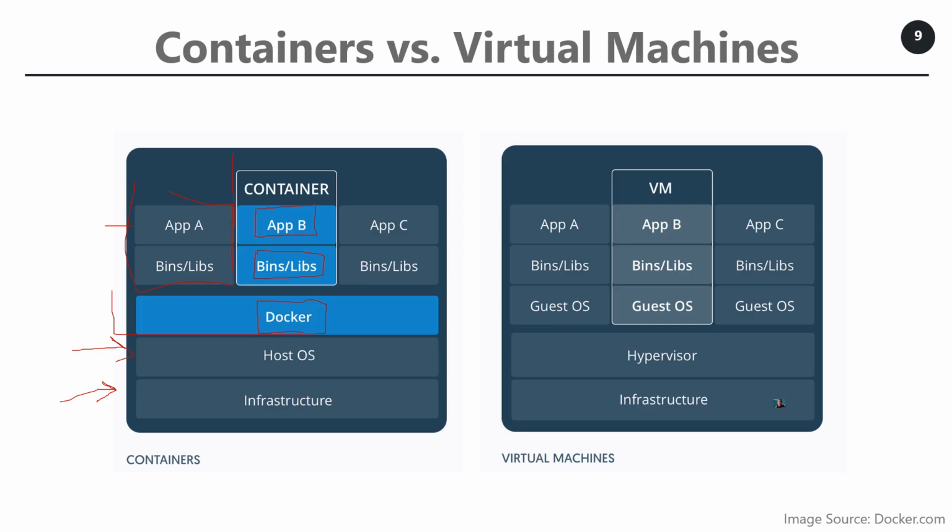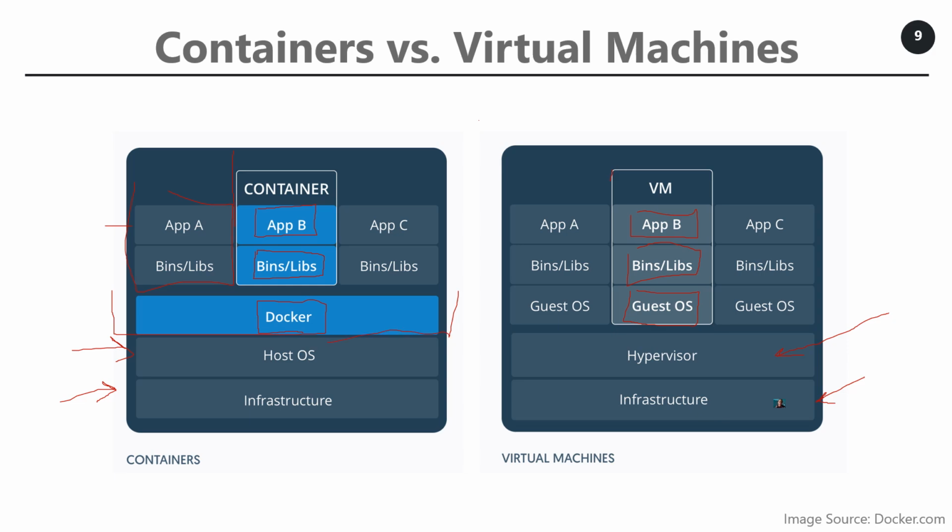Now in a VM, as you know, within a VM you have the applications, all the file system and everything, and you have an OS together, the full OS. It is a full machine, a virtual machine. And then they share the resources through a hypervisor. The hypervisor is responsible for the emulation and the distribution of the resources. So that's the basic difference.